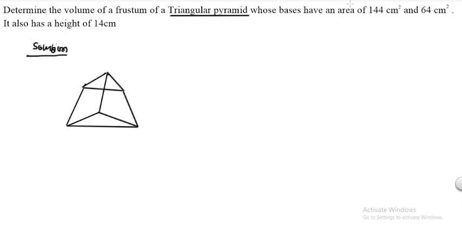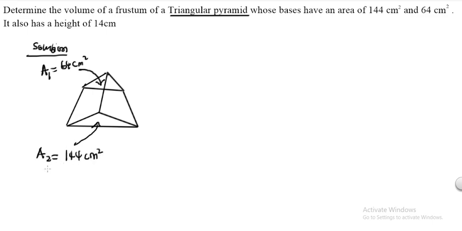Now, in this case, we are told that the areas are 64 centimeter square and 144 centimeter square. So that tells us that this area is already given, and we are told that the area here is 64 centimeter square. And this area is also already given, and we are told that it is equal to 144 centimeter square.